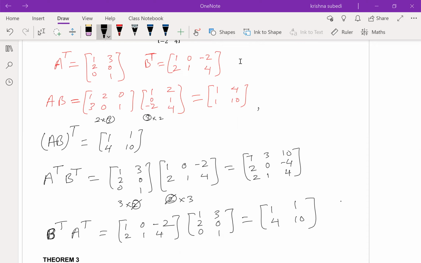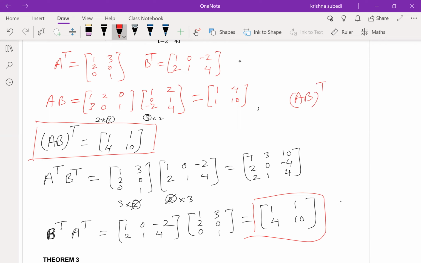Now, what can we say about AB transpose? Notice here, AB transpose is this, and A transpose B transpose is this, but B transpose A transpose is this. Are they the same? Yes. So we actually kind of prove one of the theorems experimentally, which tells us that AB transpose equals B transpose A transpose.